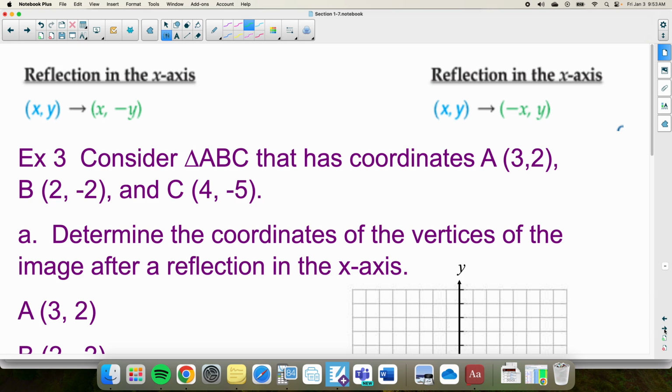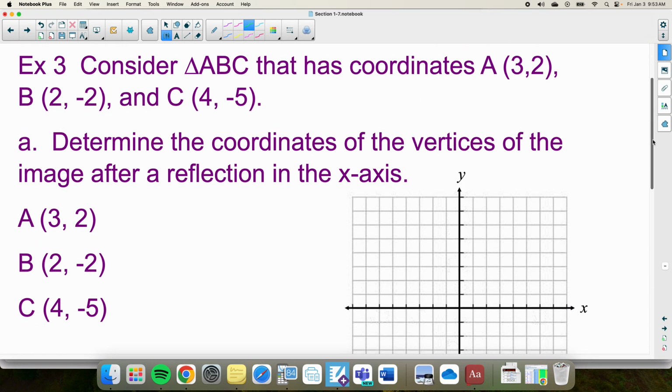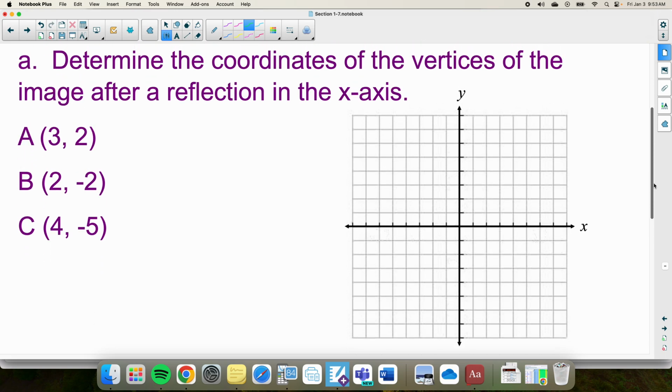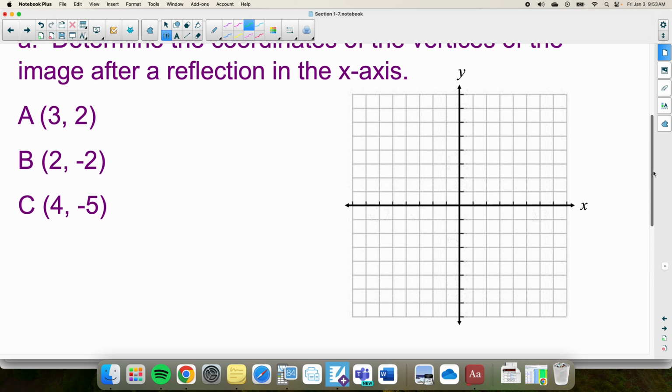So if we go here, we are going to try one of these. The first thing we're gonna do is plot these 3 points on our graph paper. And today when you guys do this, I'll give you graph paper for this.